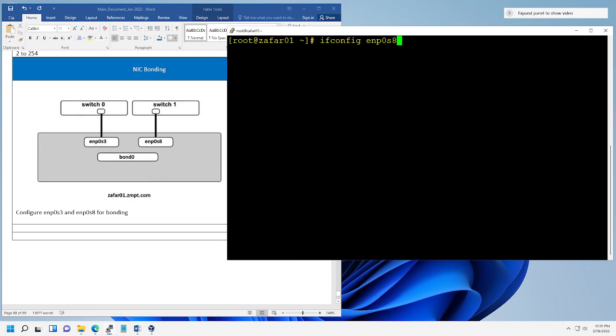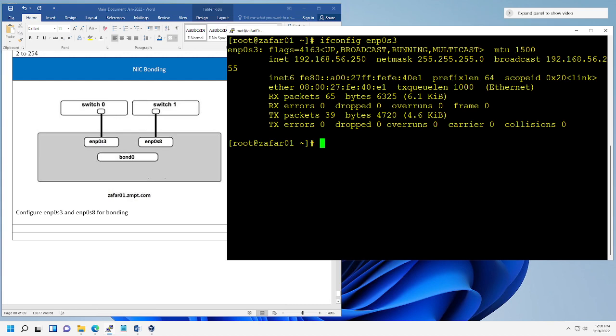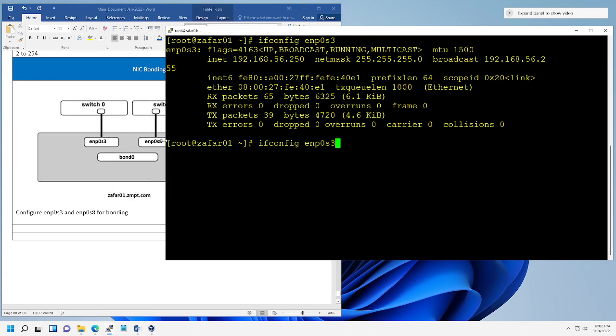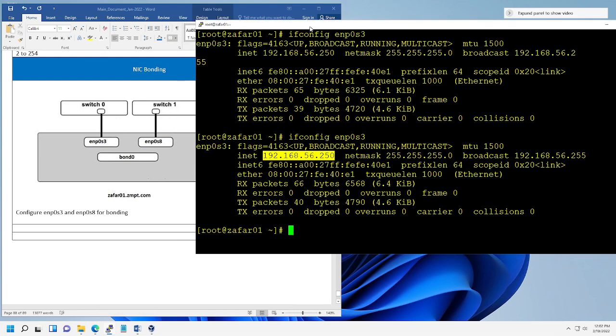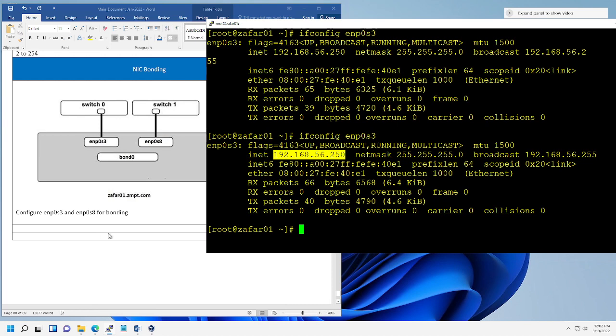And let's do ENP0S3. S3 is being used now. S3 is being used as a 250. Okay. All right. So let's see how this is going to work here.